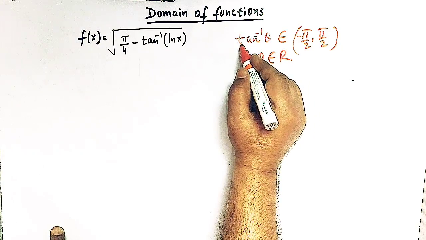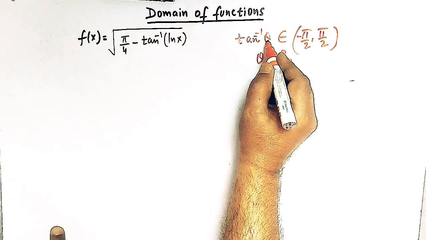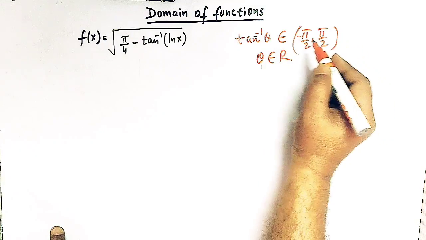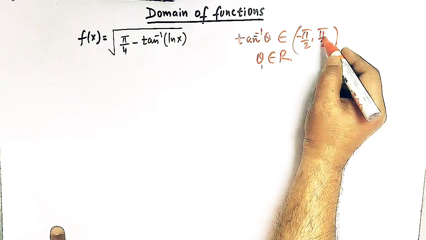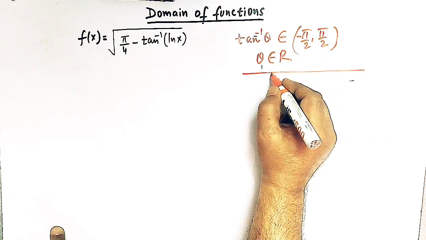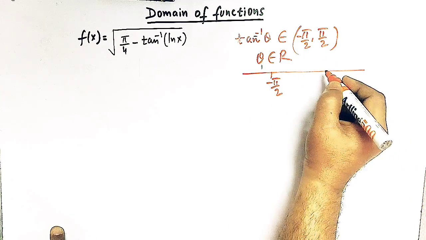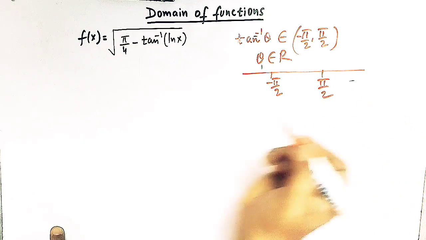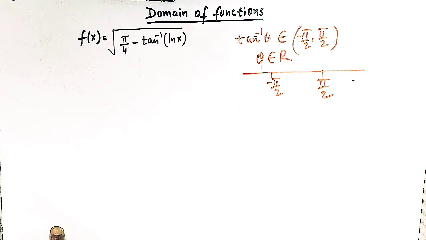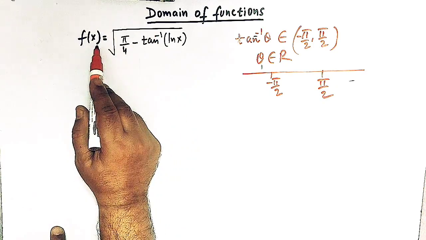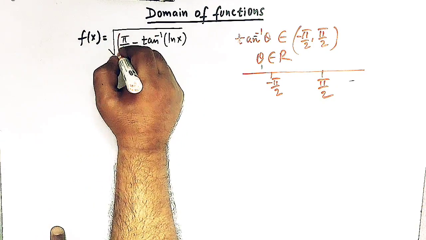So the range of tan inverse theta has values in this open interval, minus pi by 2 to pi by 2. So here we have the real number line, and here we have minus pi by 2, and here we have pi by 2, right?